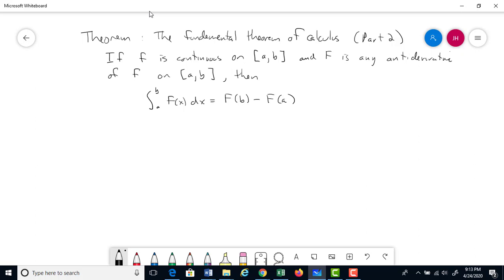What we're going to notice is that capital F represents the antiderivative. So some discussion on this. We already did in 4.8, we know the antiderivative of f of x dx is equal to capital F of x. In the very first couple examples, they say here's f of x, and they'd ask you to find capital F of x.